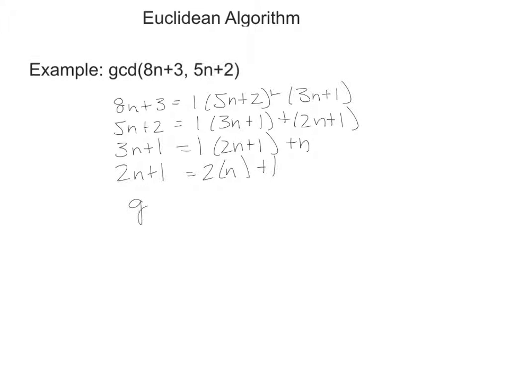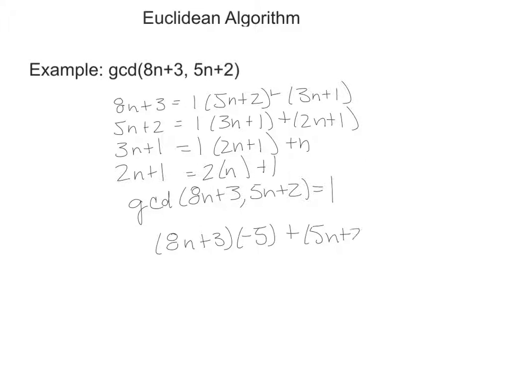So the greatest common divisor of 8n plus 3 and 5n plus 2 is equal to 1, which is kind of amazing. And if you do this algorithm backwards, you'll find that (8n plus 3) times minus 5 plus (5n plus 2) times 8 is equal to 1.